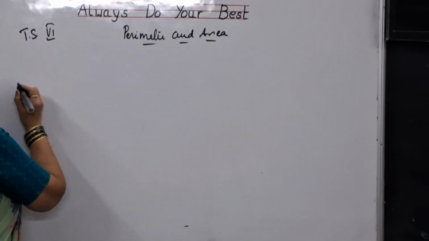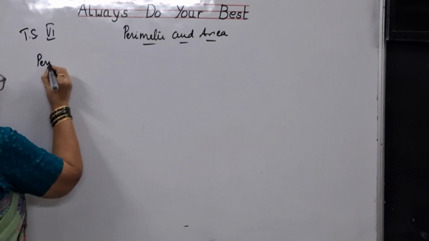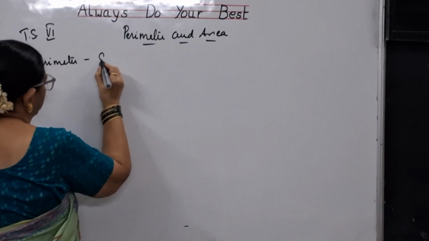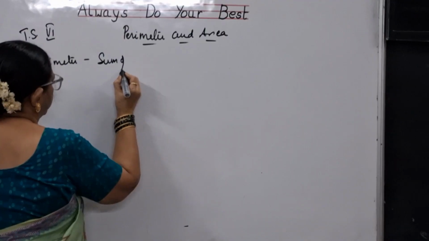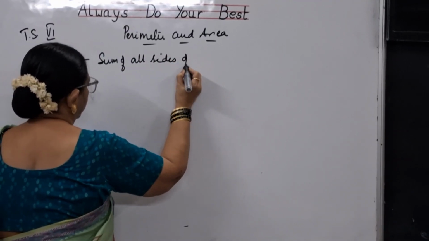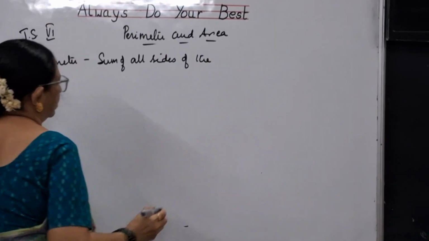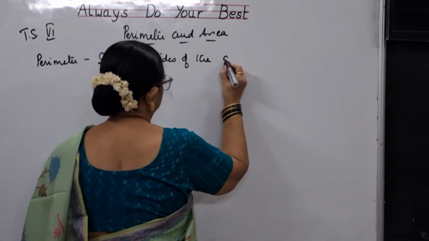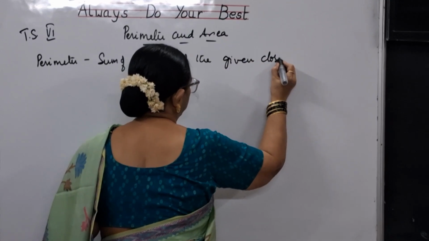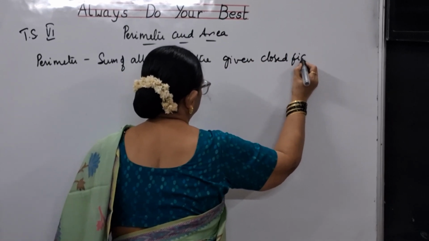So, what is perimeter? Perimeter means sum of all sides of the given closed figure. It should be a closed figure.